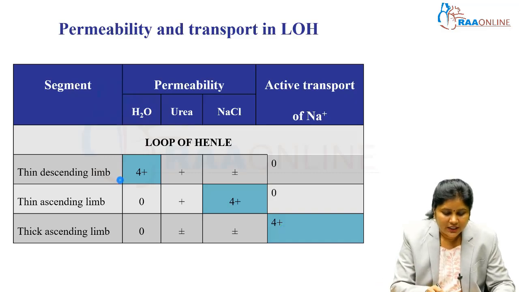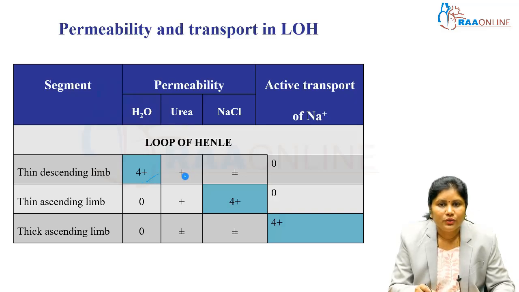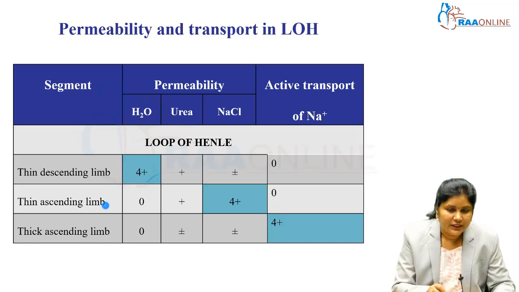The thin descending limb, it is permeable to water, it's highly permeable to water. Little bit of urea and sodium chloride can go passively. Okay, whereas there is no active transport of the sodium happening in the thin descending limb. In the thin ascending limb as well as the thick ascending limb, the water permeability is 0.